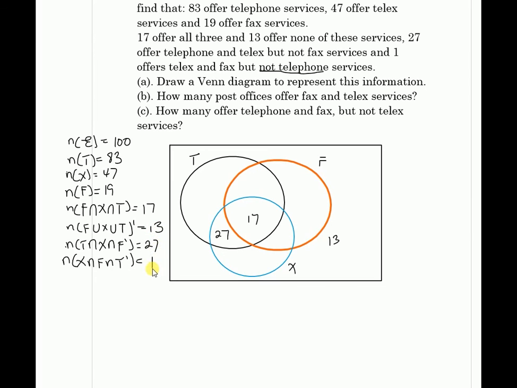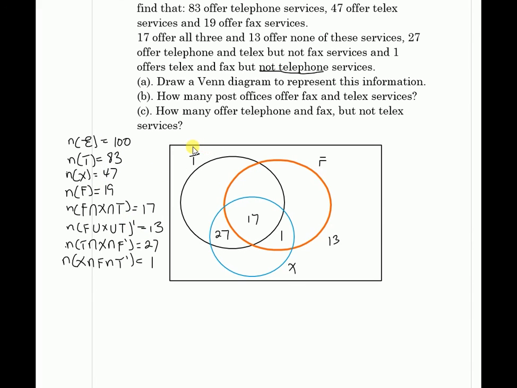Now we are putting this X intersection F. This is 1. That is all the information which we have.